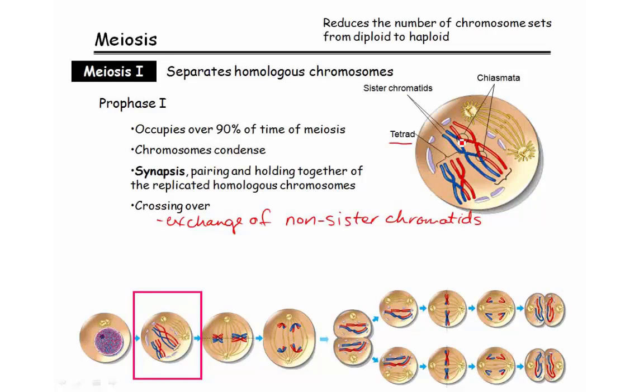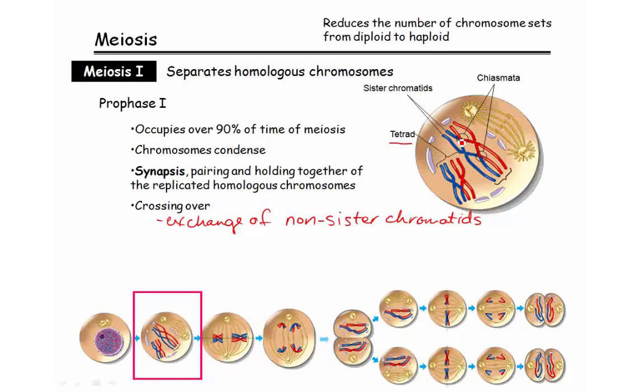And the significance of the careful synapsis was that in this case, if we break in the same place and swap pieces, we are swapping the same loci for each other. This means that no chromosome is losing information and none is gaining information. We're simply swapping versions of the information.